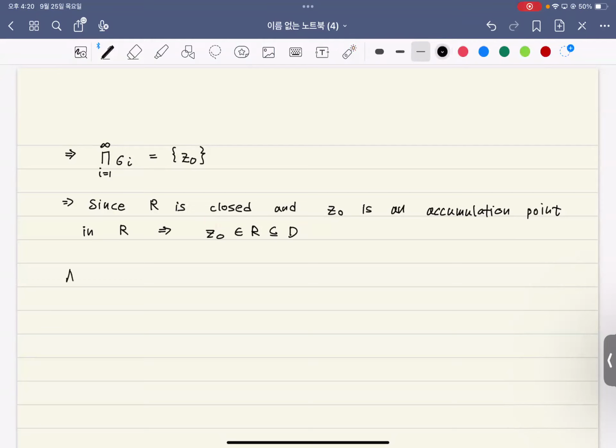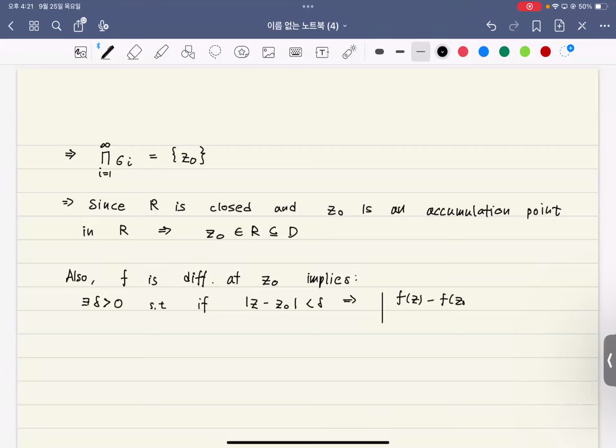So also, f is differentiable at z0, which implies that for this epsilon, I can find a positive number delta such that if |z - z0| is less than delta, then the difference quotient of f at z is within epsilon.